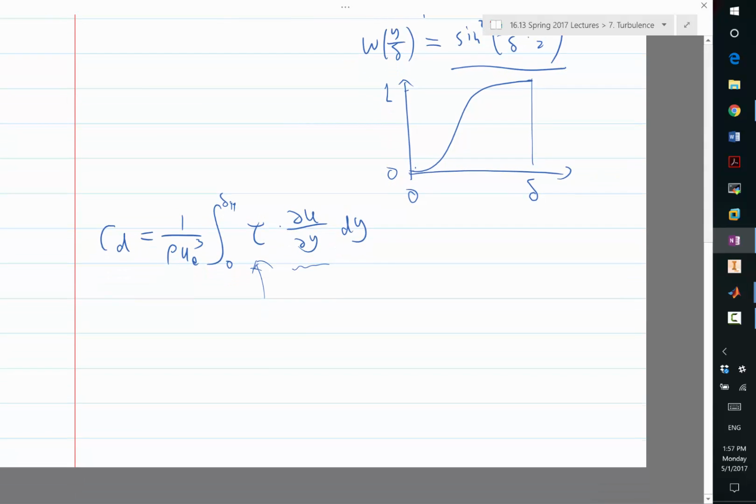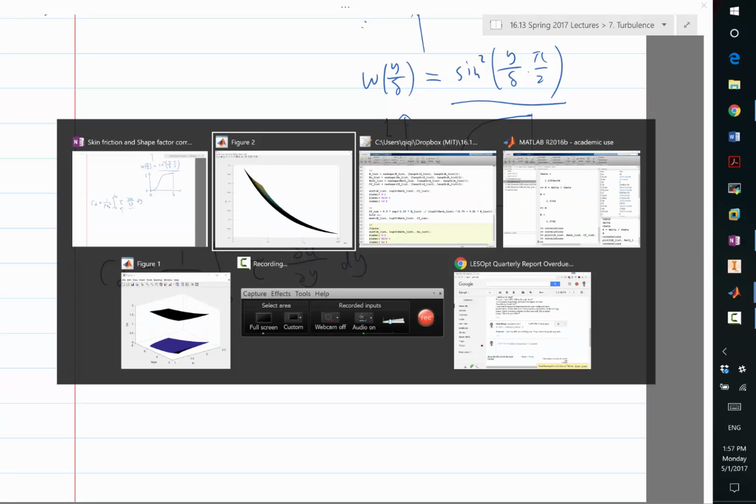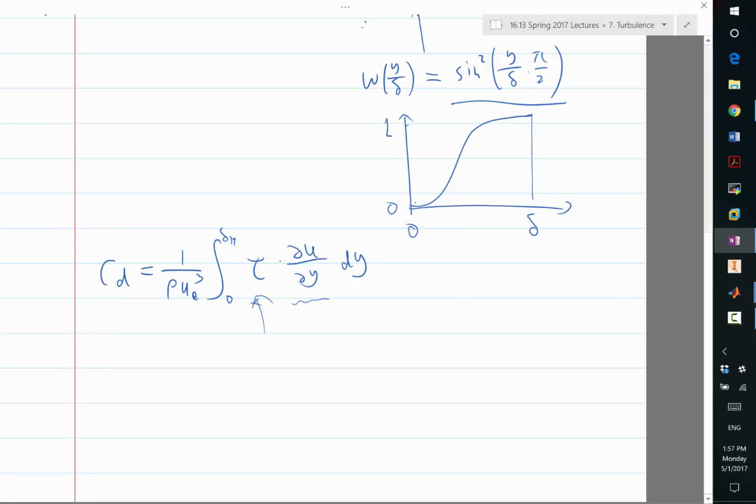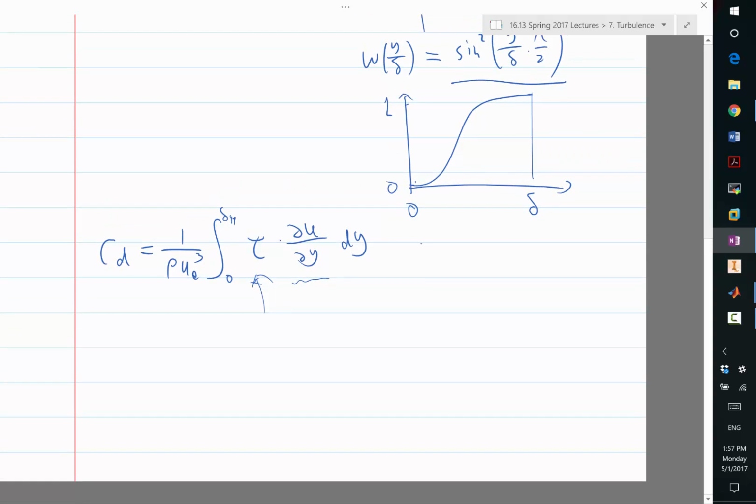And now one insight is that if you remember the turbulent boundary layer profile, if you have y versus u, we have a boundary layer that looks like this. And we have a significant portion of du dy.